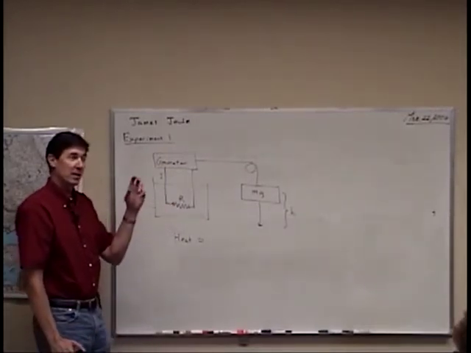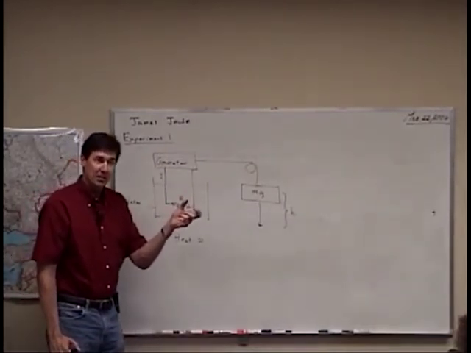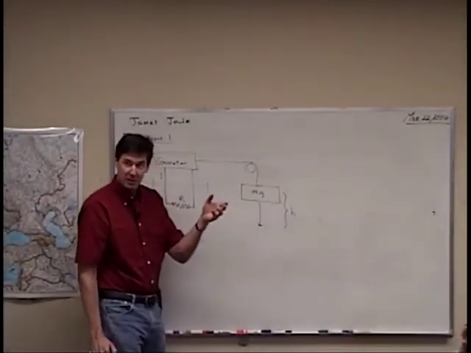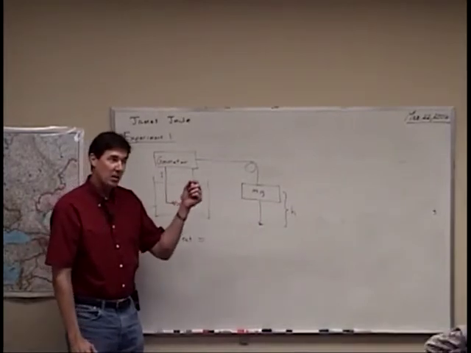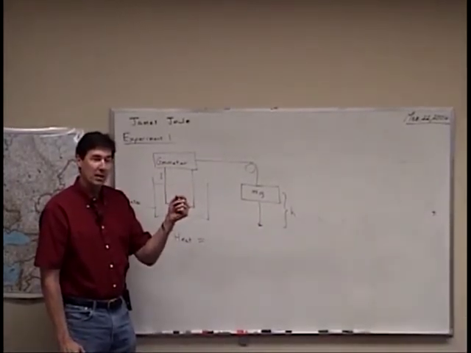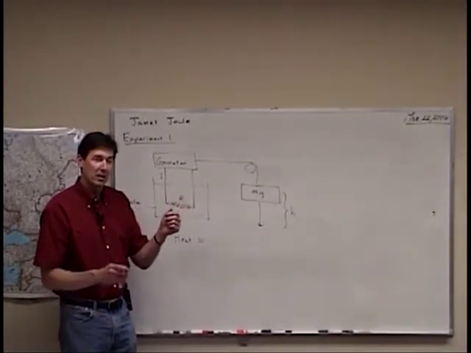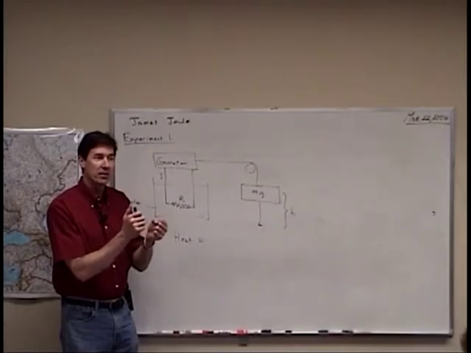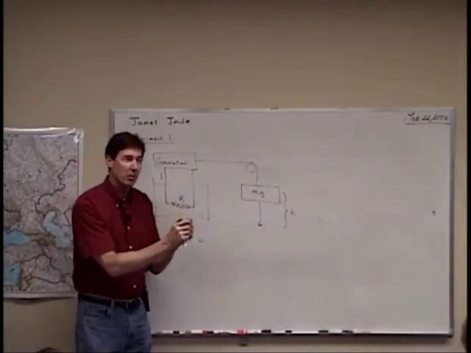Okay, so now the heat capacity of water, well, in the units that we talked about before, is that 1 calorie will increase the temperature of 1 gram of water by 1 degree, right?